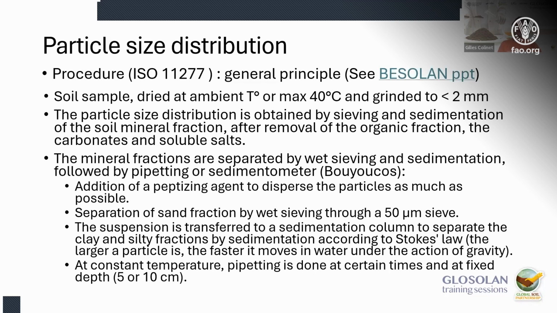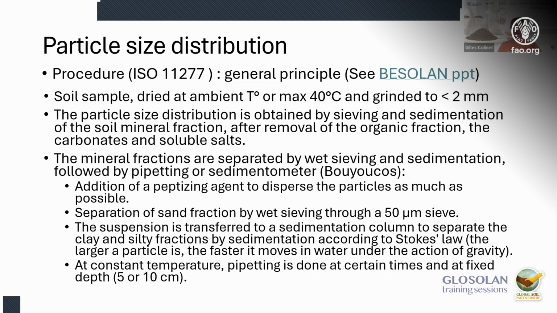First you remove the binding agent, then you make a wet sieving of the sand on one side and silt and clay on the other side, and you will measure the silt and clay by the pipette method. And for that, we use a peptizing agent to help to disperse the particles as much as possible.